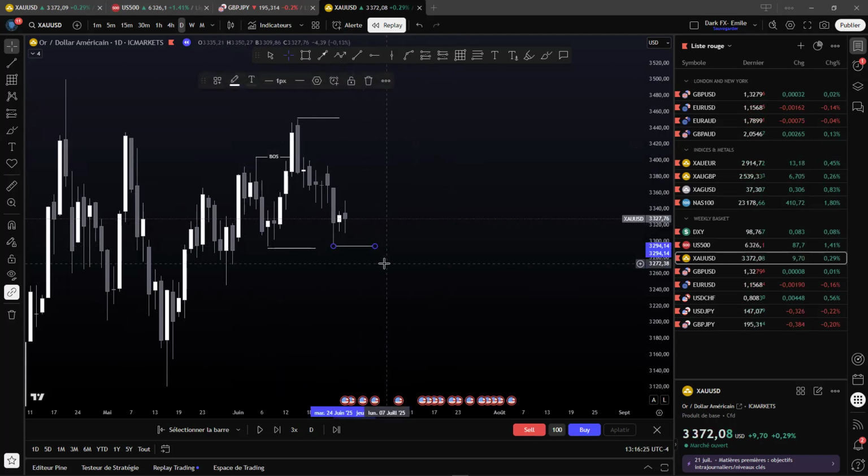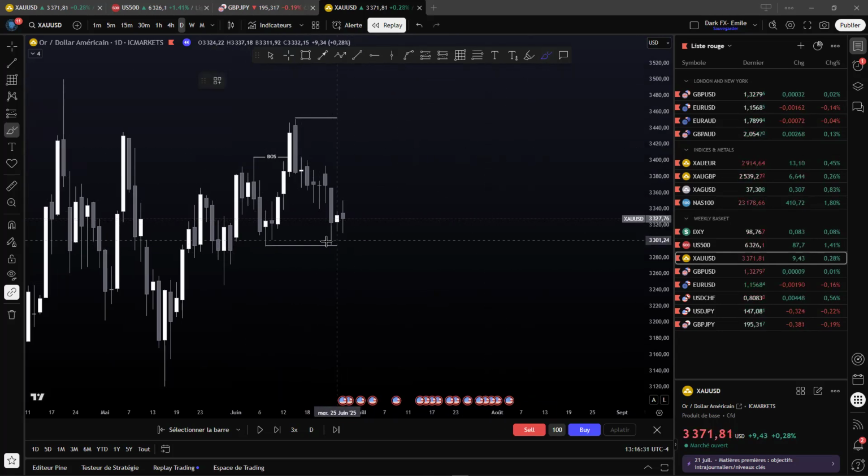You remember, what do you have when you have equal lows? You have liquidity. So these two levels are weak. What do they need to work as a team? Because they are weak.